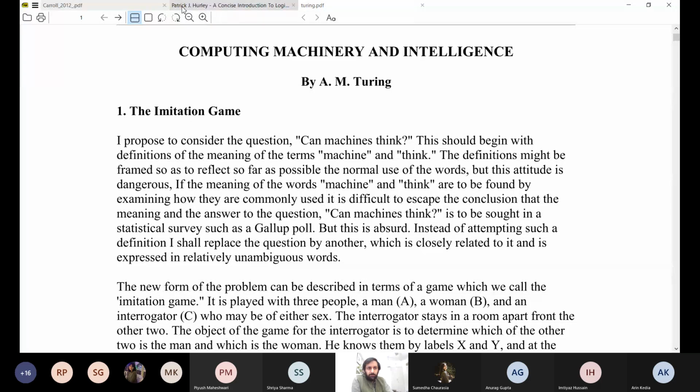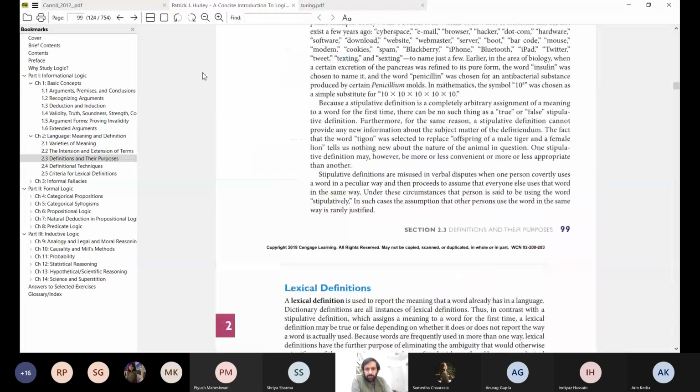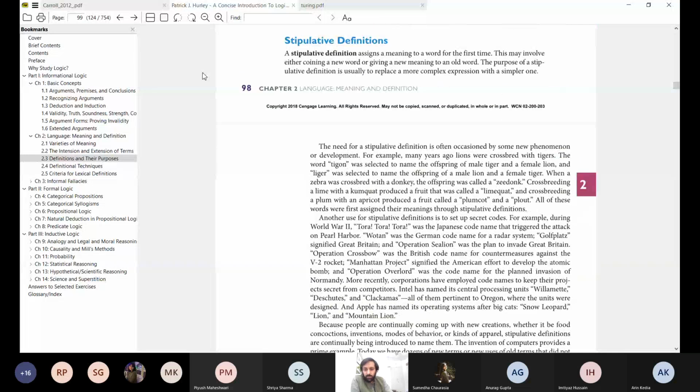Well, actually, I'm going to open up this other reading by HUL that I assigned for today, and say a little bit about different kinds of definitions and the role that definitions can play in our reasoning, and why we should care about the topic as critical thinkers.